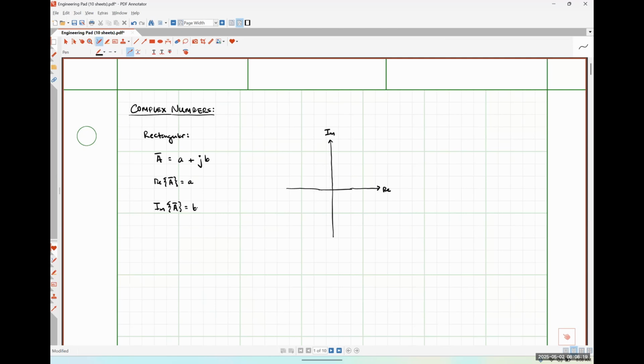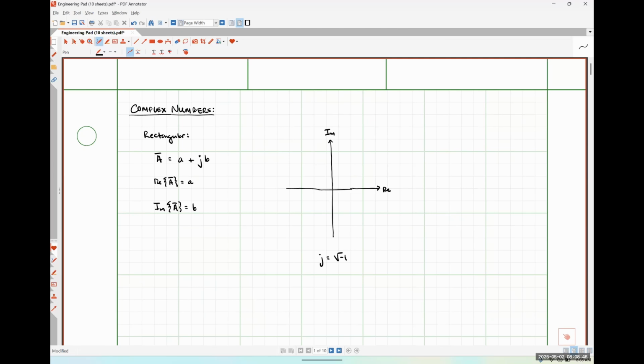So for what it's worth, j is simply the square root of -1. You guys probably learned that as i in your math classes. When you put it in your calculator, it'll be i. But in electrical engineering, we use j because i is obviously the thing that we use for currents all the time. And so it would just be wildly confusing. Okay.